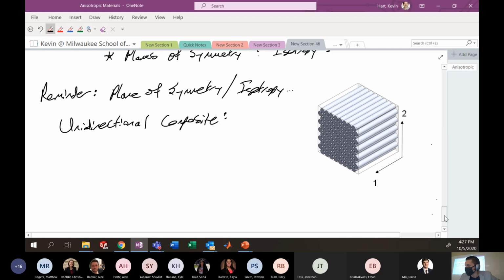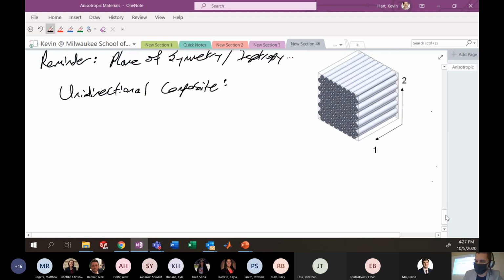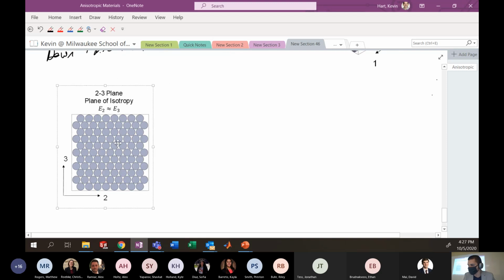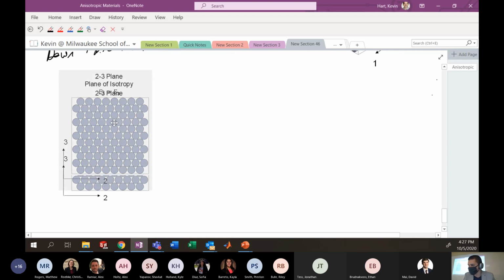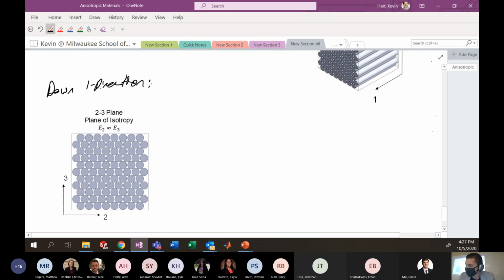All right. So the unidirectional composite looks something like that. So if you look down the one direction, you see this, which is like this.